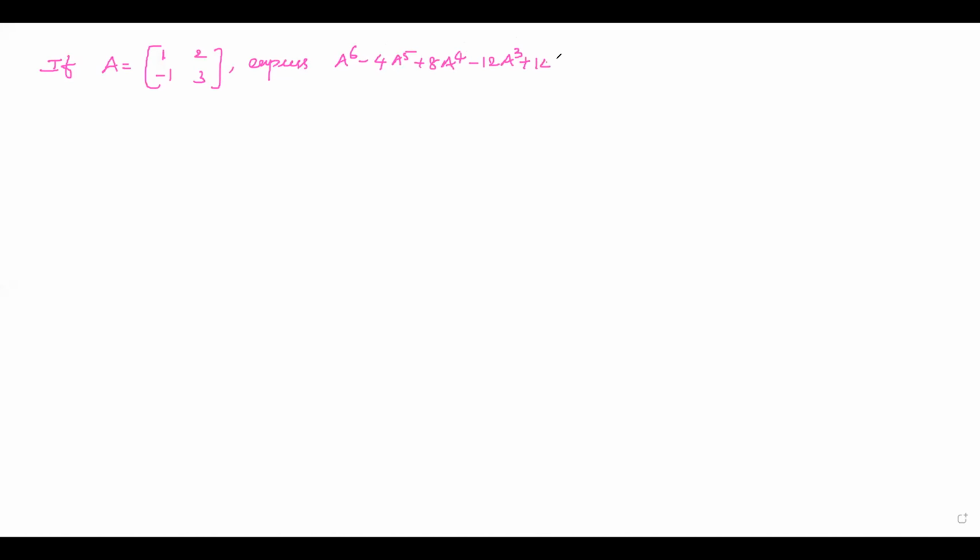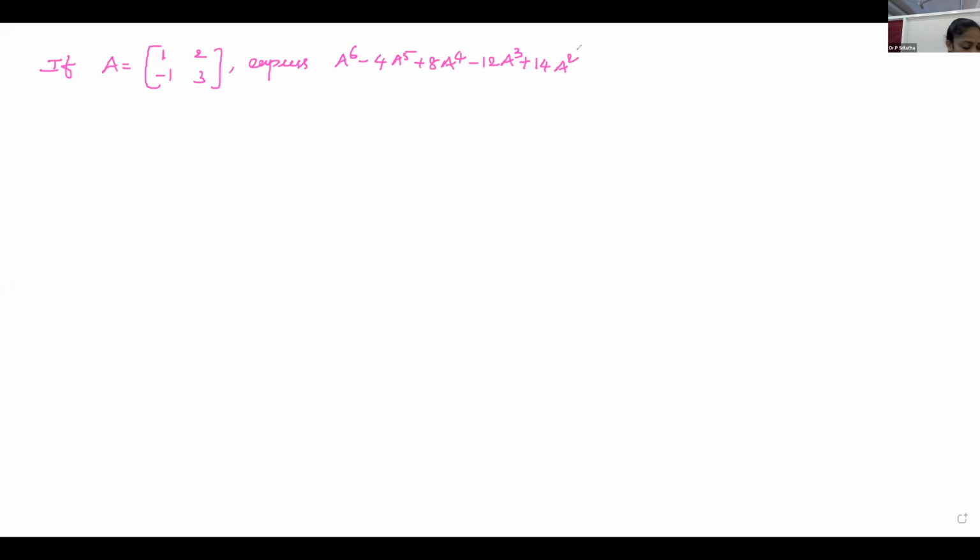If A equals [1, 2; -1, 3], express A power 6 minus 4 A power 5 plus 8 A power 4 minus 12 A cube plus 14 A square. So we have to express this in polynomial of A.